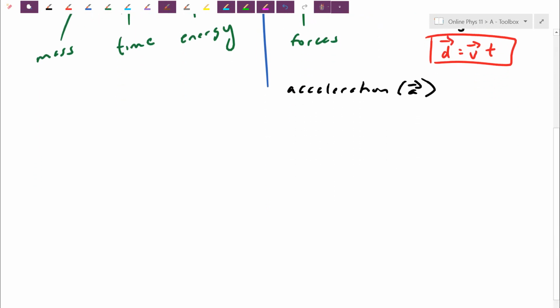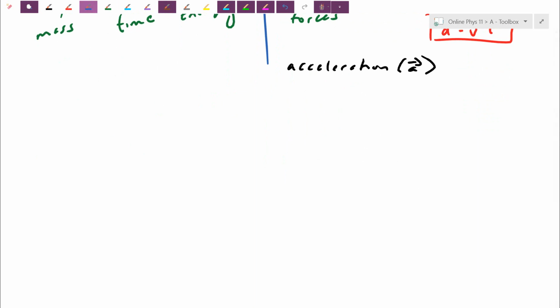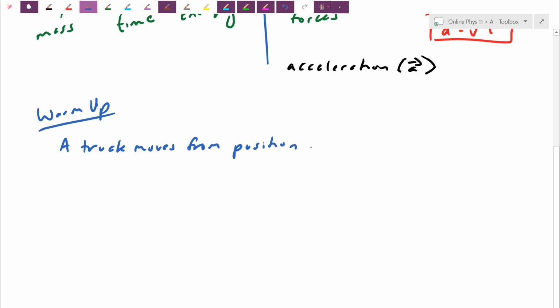So just to give us a little bit of practice with those basic motion equations, just as a warm-up, let's start off with a truck. A truck moves from a position of positive 20 meters to positive 70 meters in 3 seconds.